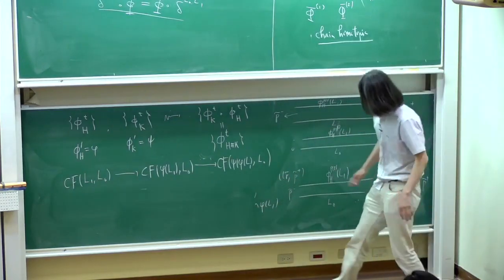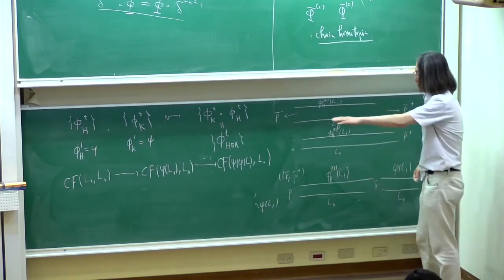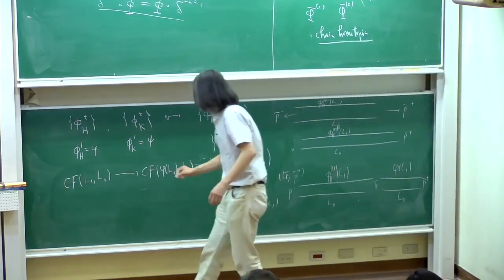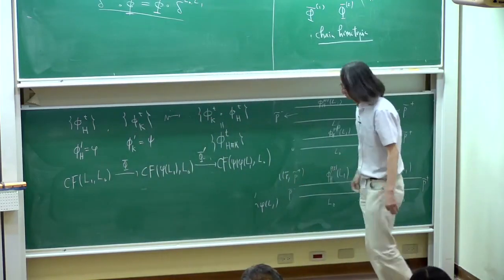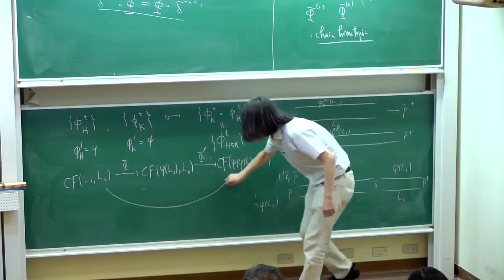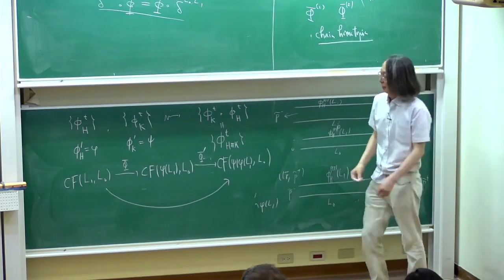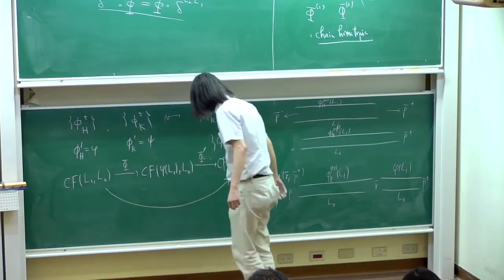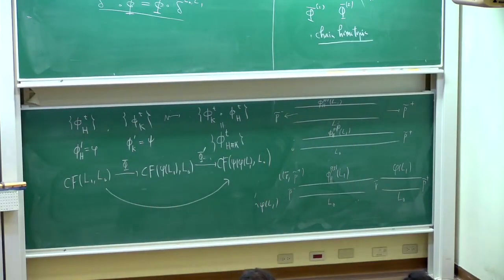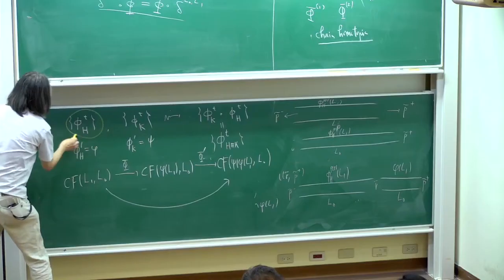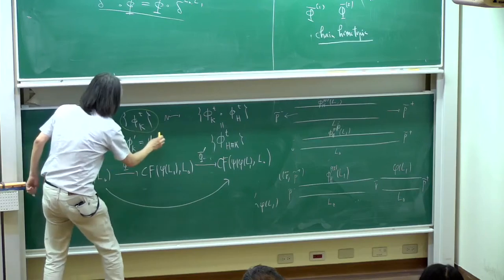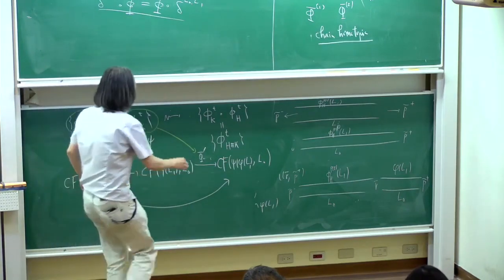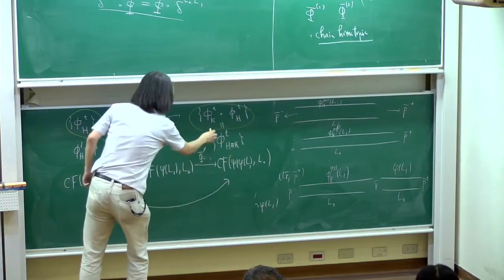Assume that all of them are transversal, then we can consider such things. Using this you get this, and using this you get this.